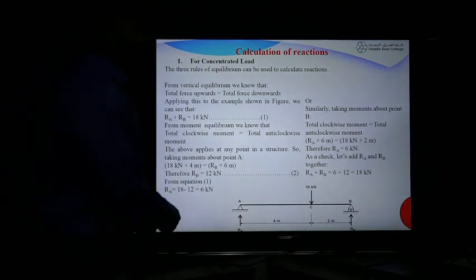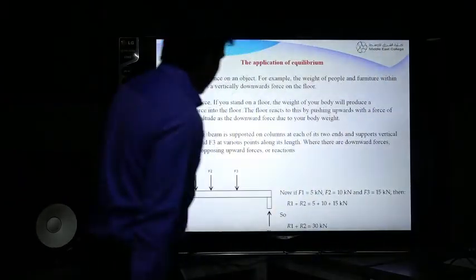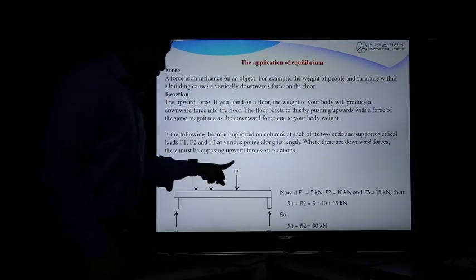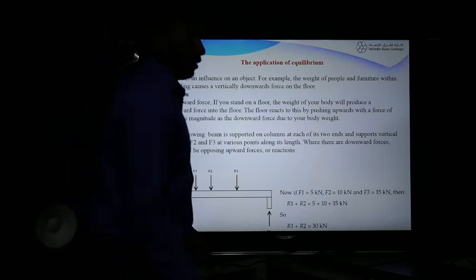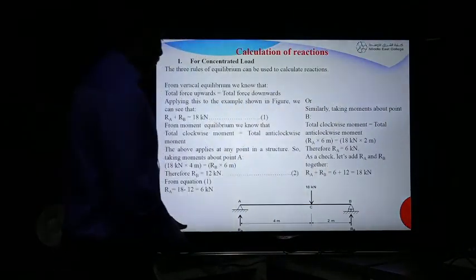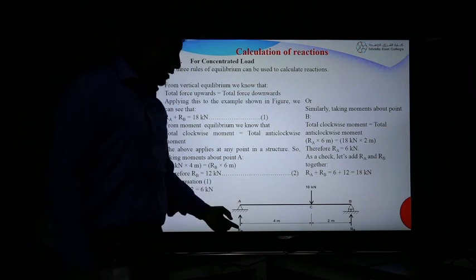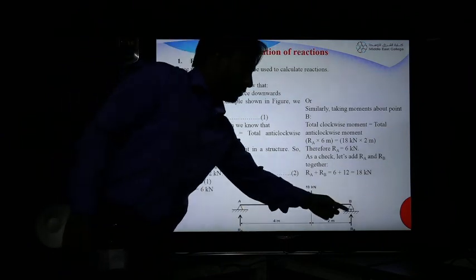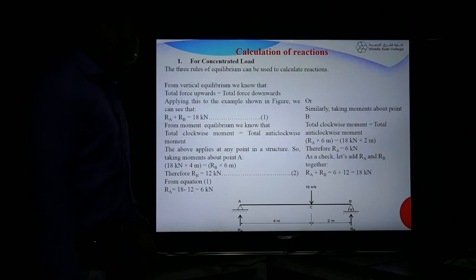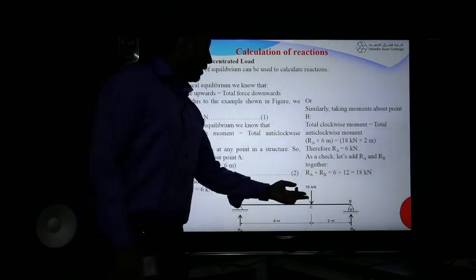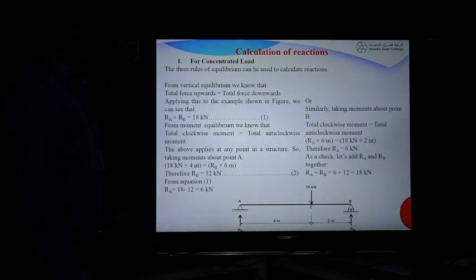From the previous slide, R1 plus R2 is equal to the total load acting on it. So we take RA, acting at A, and RB, acting at B. So RA plus RB is equal to 18 kilonewtons.